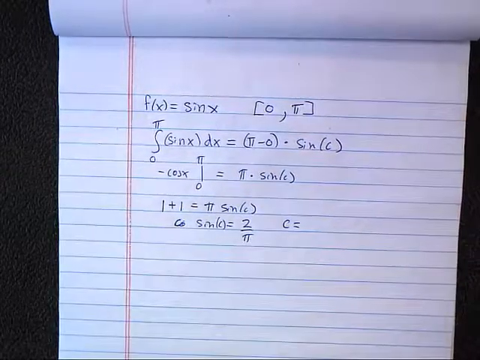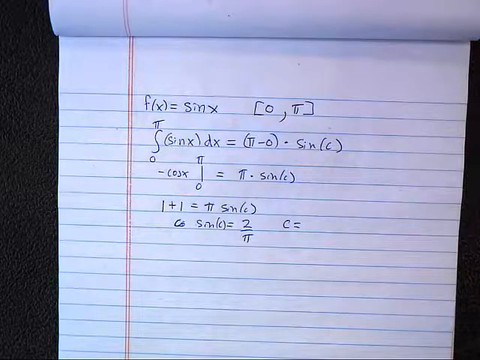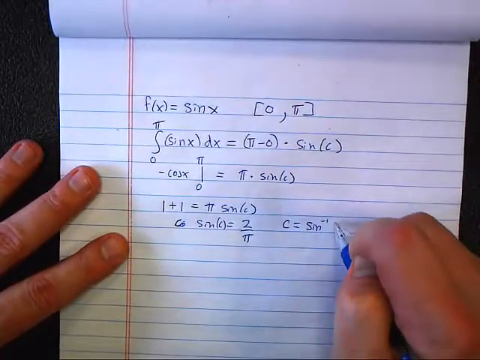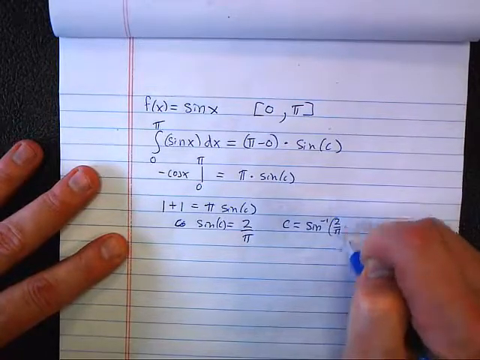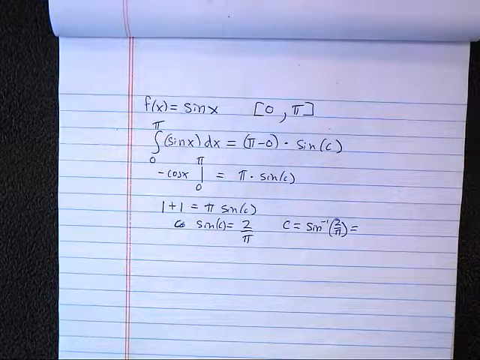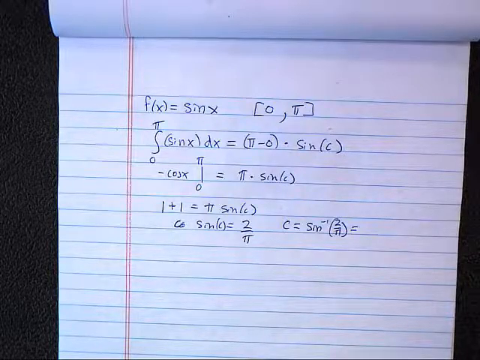So c is, how do you get c all by itself? Sine inverse of 2 over pi. Anybody happen to know what the sine inverse of 2 over pi is? Nope.